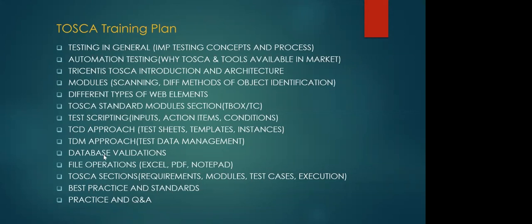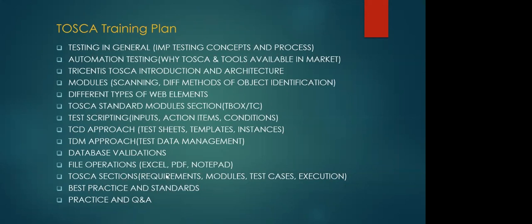Test case section. We have already talked about modules and test case sections, and we can cover requirements and execution sections. In Tosca there are majorly four different sections. We also have test case design and other modules, but those will be covered as part of other topics.